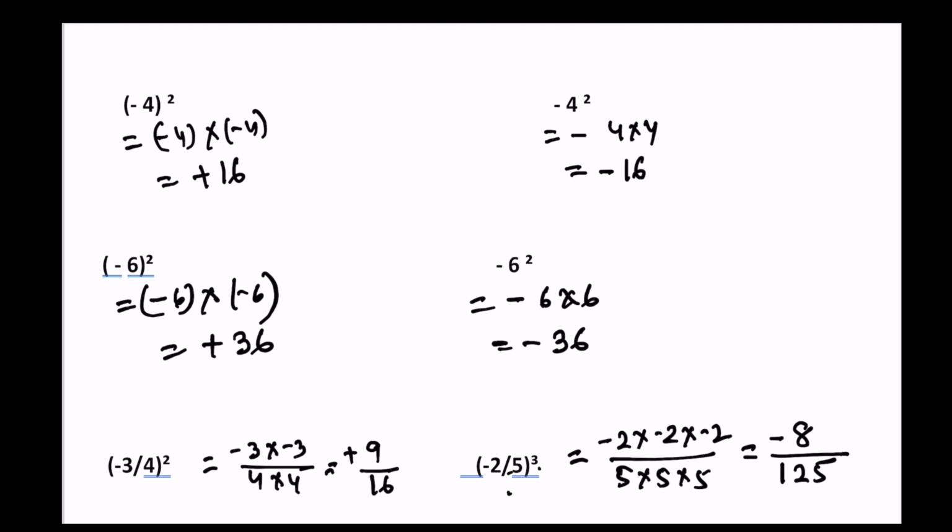So those are the very important concepts. What is the difference between minus 4 parenthesis minus 4 whole square versus minus 4 square? In this video, we learned a very important part, that when a negative integer is multiplied with an even power, the resulting number will always be positive.